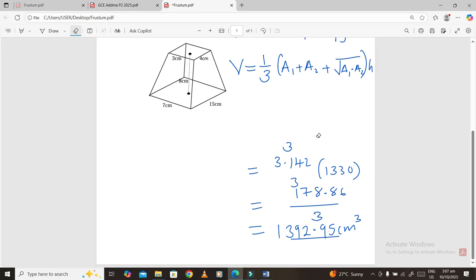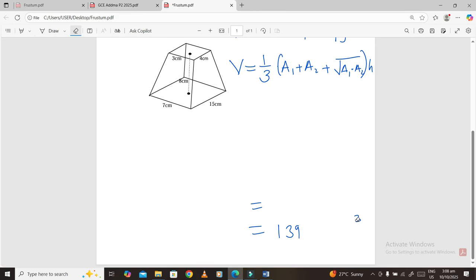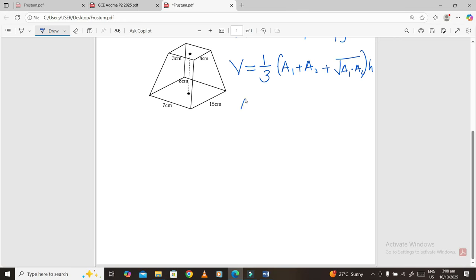After getting the formula, you identify the values that you're supposed to use. What is our A1? A1 is the area of the base, so this base right here.